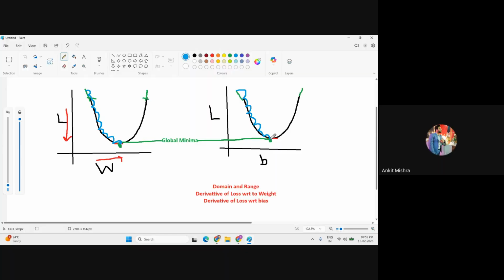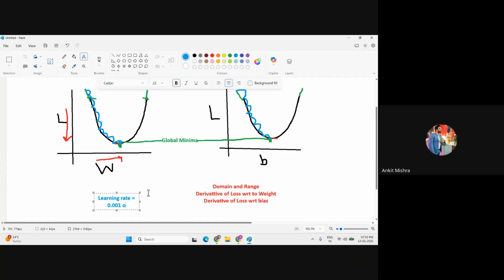You have to optimize the loss by calculating the weight and the bias. So you know that the stepping descent is called the learning rate, and you have this parameter called learning rate, and we generally pick the value of learning rate like 0.001.